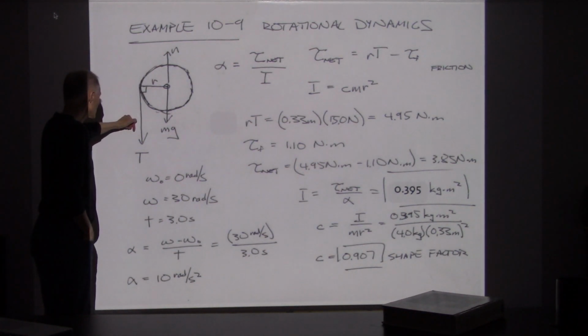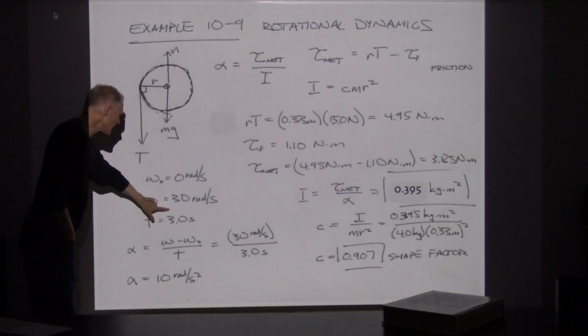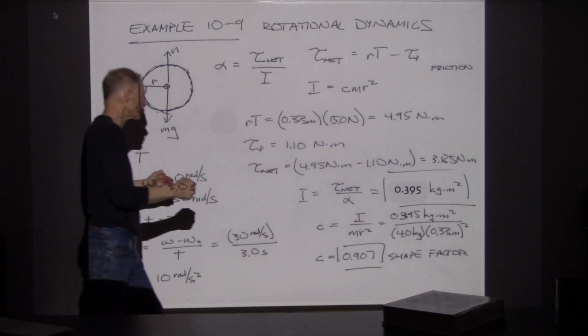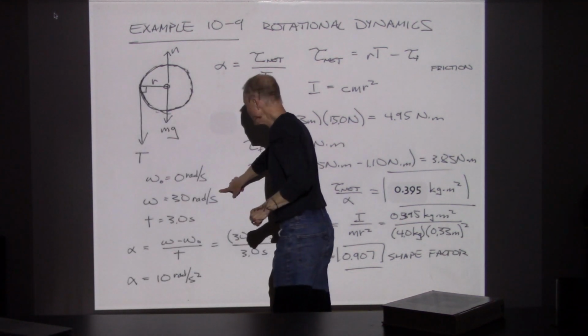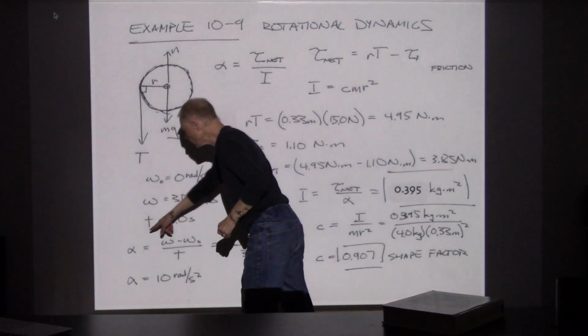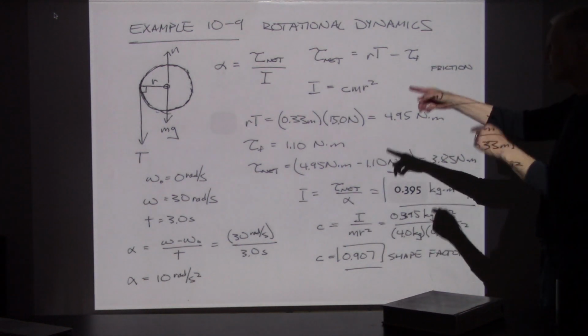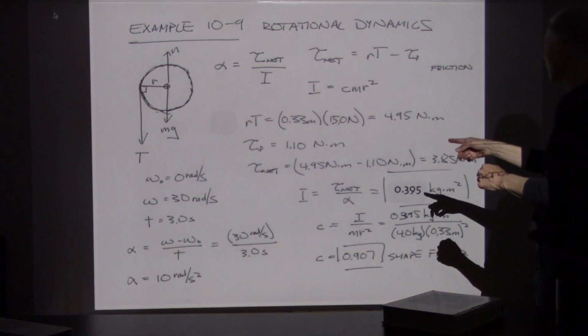Now, the acceleration that they gave us in the problem: when we pull on this with some tension, it's starting out at rest, and then after 3 seconds we are able to accelerate it all the way to 30 radians per second. So I calculated what the rotational acceleration was, assuming that the forces are constant.